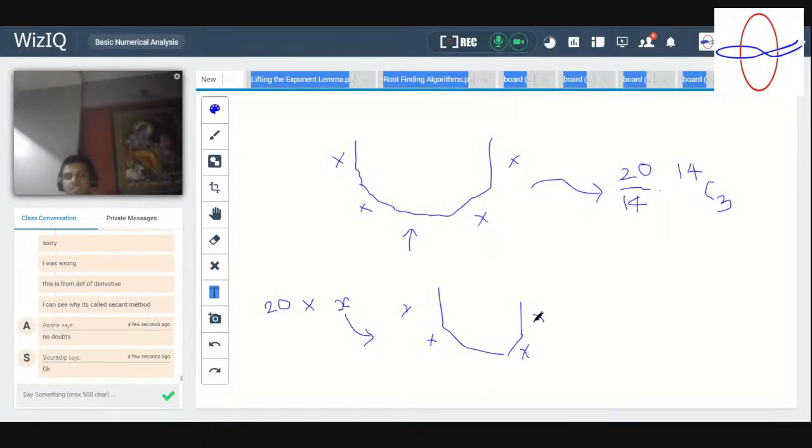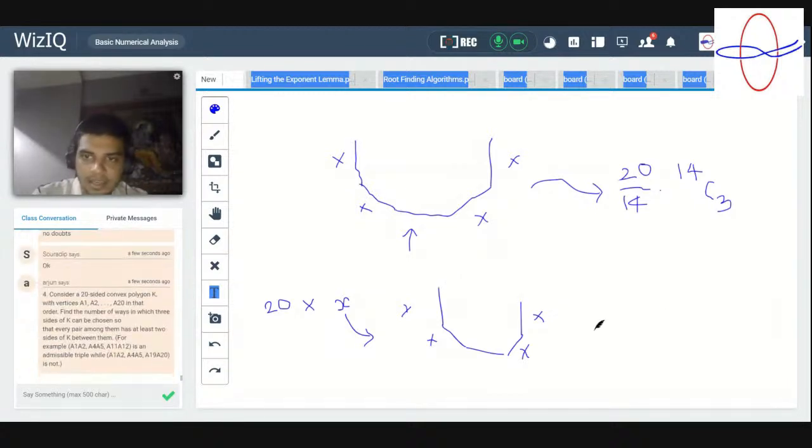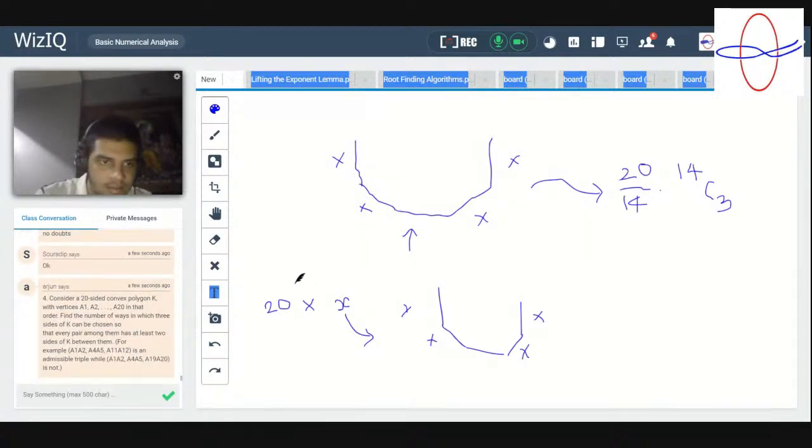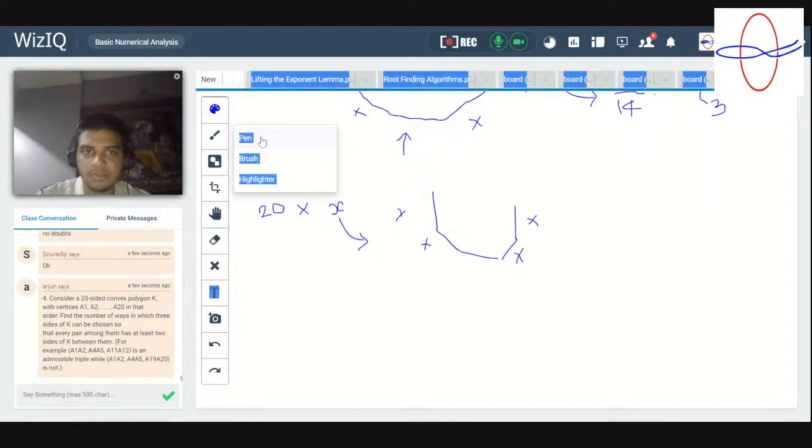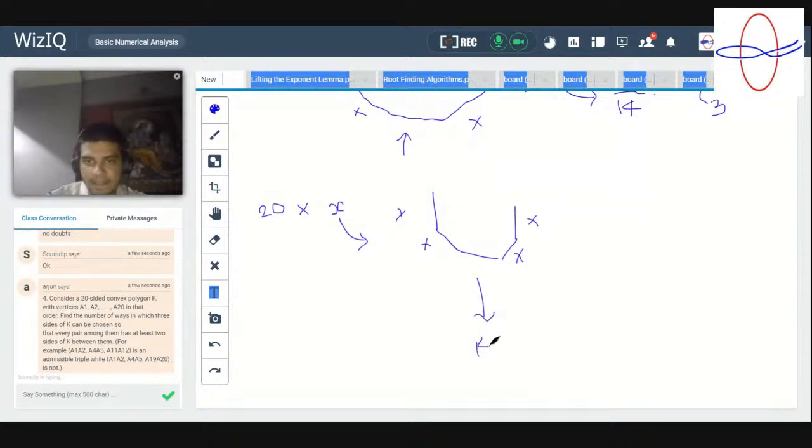But the idea that he has is, instead of throwing away 4 sides to simplify a 20-sided polygon into a 16-sided polygon, he first throws away 6 sides to make a 14-sided polygon, out of which one side is already chosen. So you have to choose 2 more sides, right?